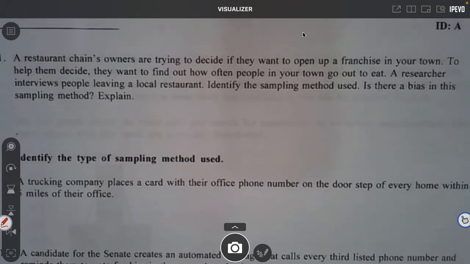Is there bias? Yes. And you must explain why. That's where your credit comes in. Yes, there's bias. Why? Because they're already at a restaurant, so you're interviewing people who will go out to eat often.